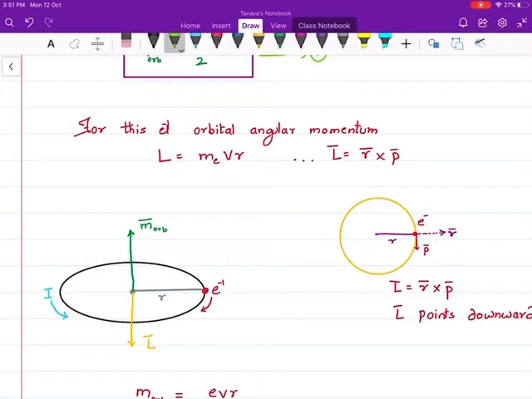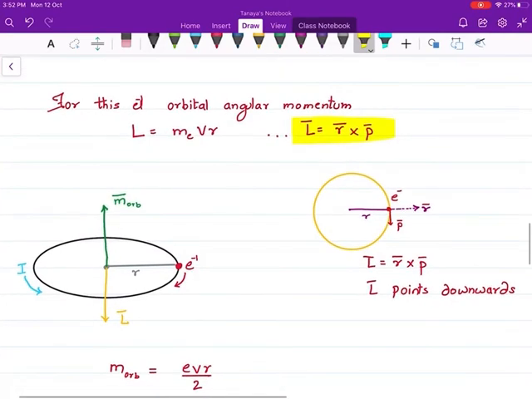You know that angular momentum is given by r bar cross p bar. Angular momentum is a vector quantity equal to r bar cross p bar. R is the radius vector and p is momentum, mass into velocity, is it not?